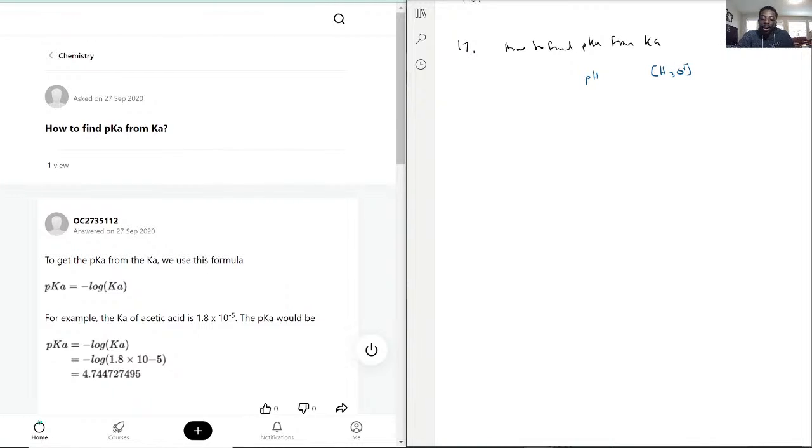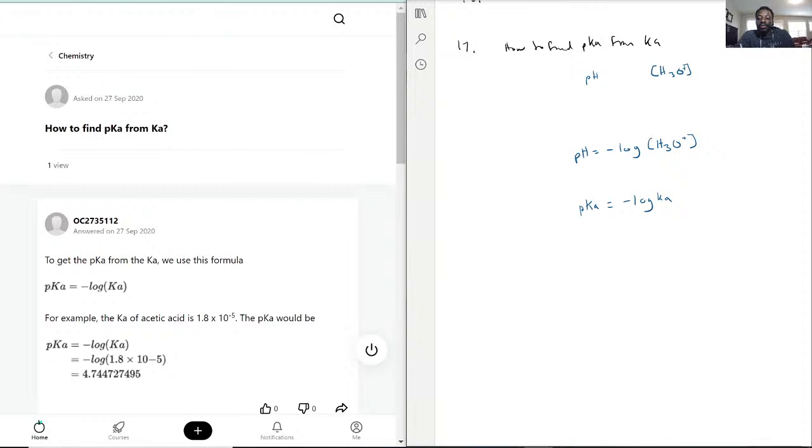So if you remember, pH is equal to negative log of H3O plus. So if we follow that logic, where that relationship still exists with pKa and Ka, pKa is equal to negative log of Ka.